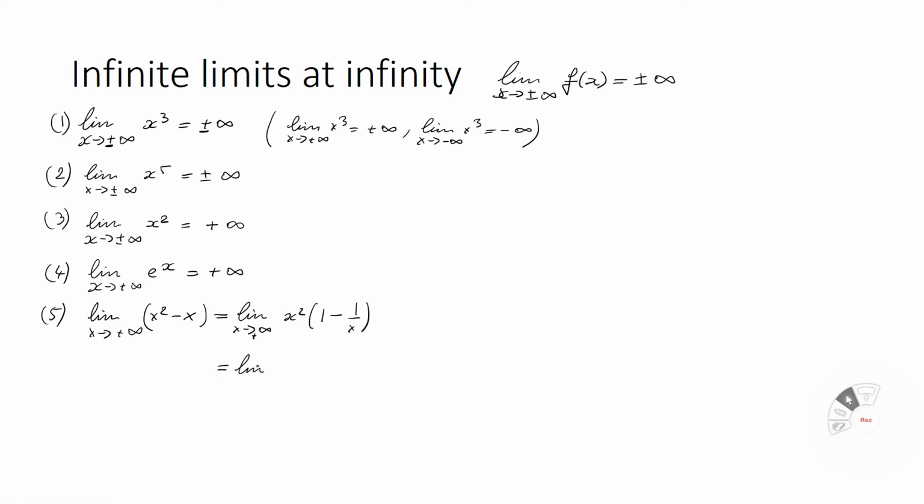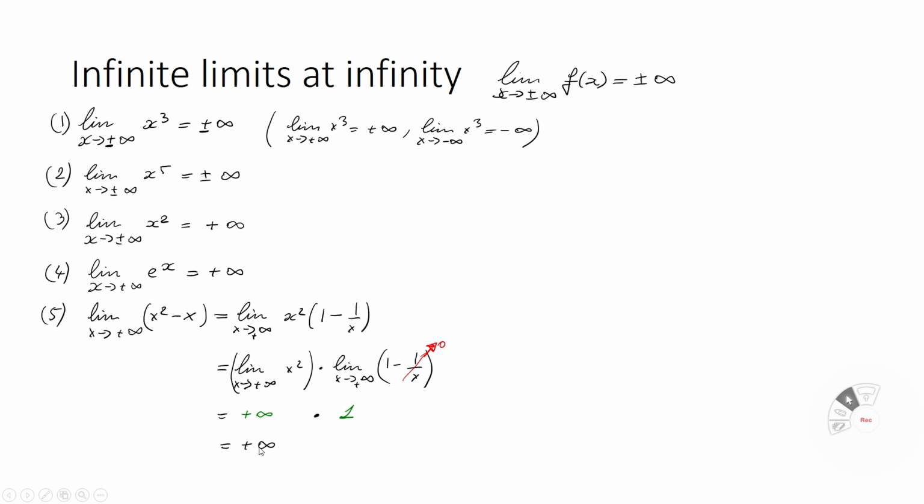Now the limit of a product is the product of the limits. For the limit of x squared, we already established that gives us plus infinity. And for the limit of 1 minus 1 over x, the 1 over x is going to go to 0, so here we have times 1, and so the result here is plus infinity.